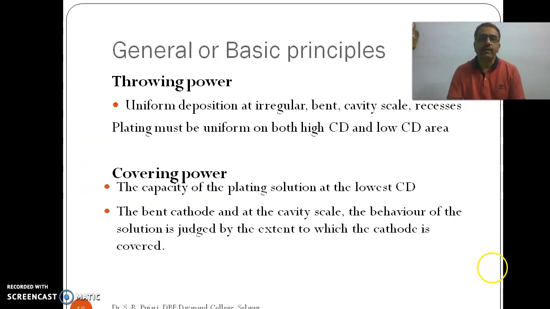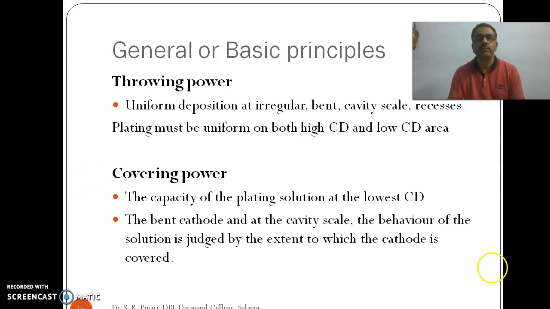Covering power is also a similar phenomenon to the throwing power. It checks the capacity of the plating solution at the lowest current density area. So if your solution works very well at the lowest current density area, then one can say that the solution has very good throwing power as well as very good covering power. The behavior of the solution on the bent cathode and cavity scale is judged by the extent to which the cathode is covered.